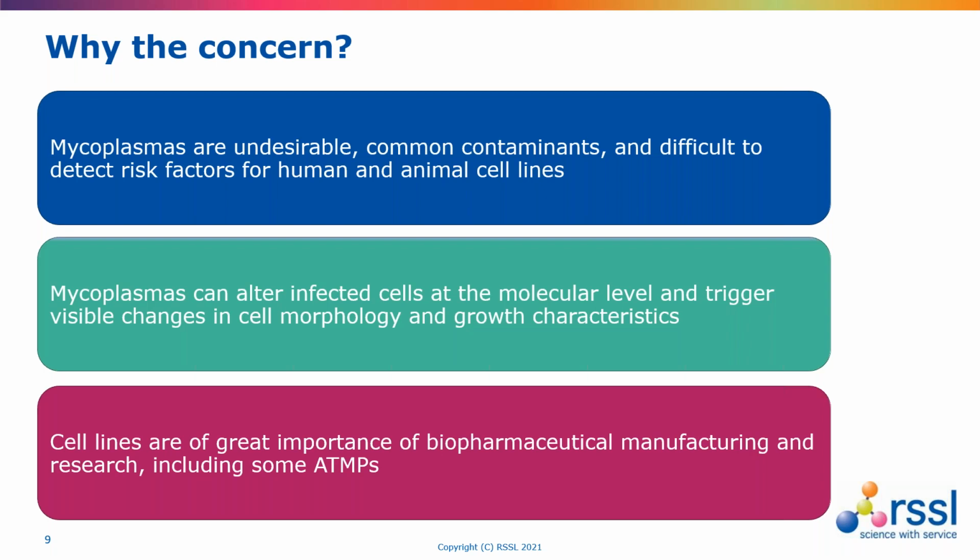The problem that mycoplasmas cause in relation to cell lines is that they can alter infected cells at the molecular level, and this can trigger visible changes in cell morphology, or it can alter growth characteristics.